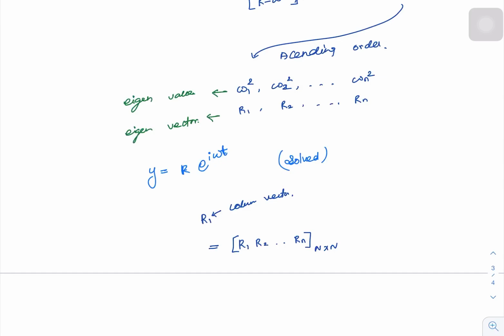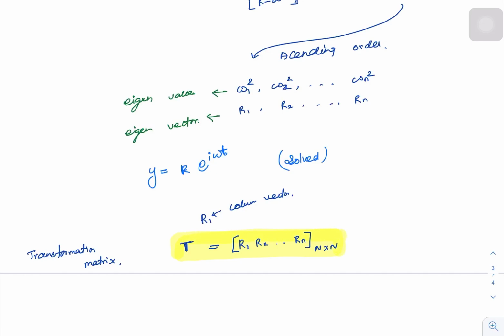This matrix I name as T. Yes, T is the same transformation matrix. Based on some experience, I am claiming this matrix, which is composed of eigenvectors, is the transformation matrix.